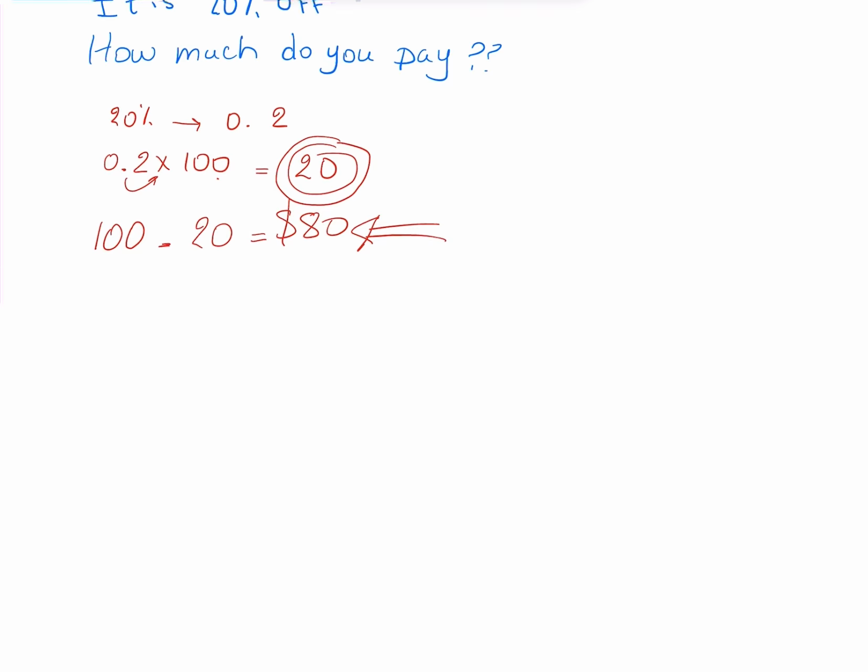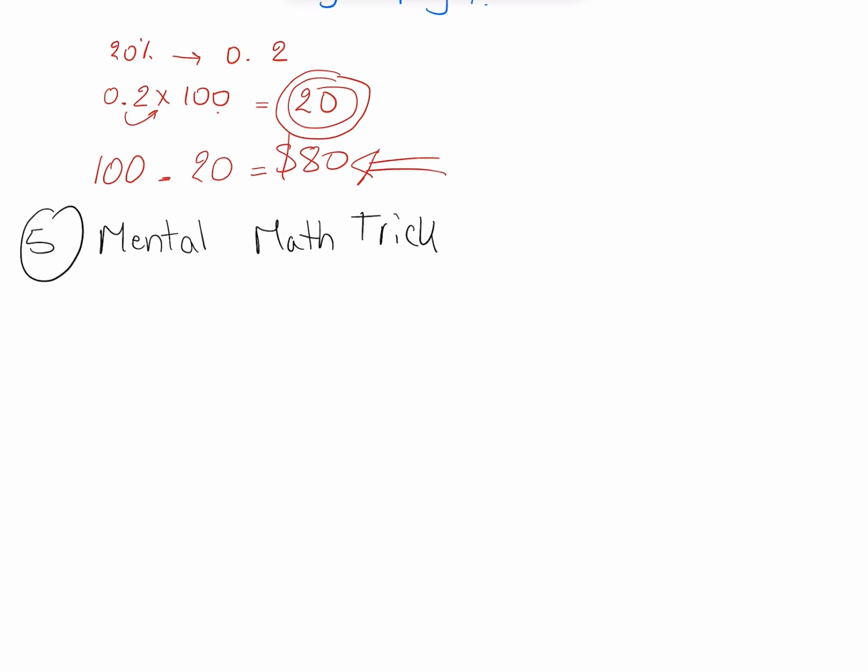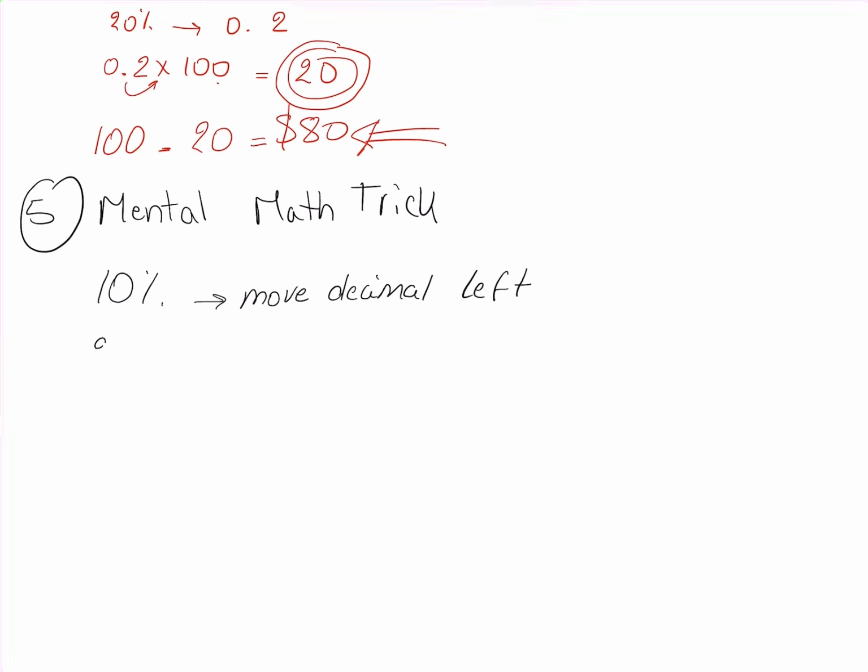Now quickly, let's look at number 5, a mental math trick. A fast trick that will help you convert quickly. So for 10% you need to move the decimal left, and I think I've mentioned that in the video. 20%, what's 20%?